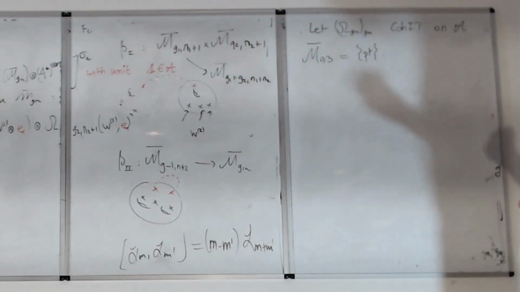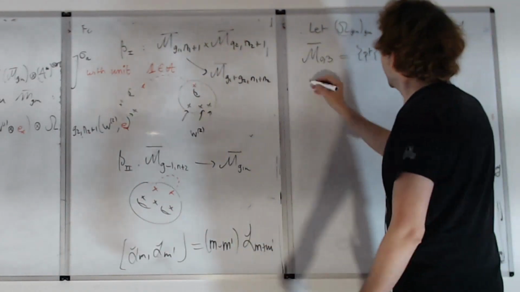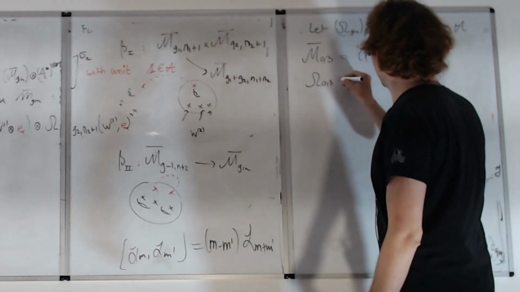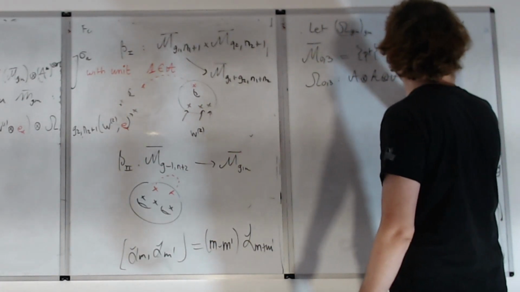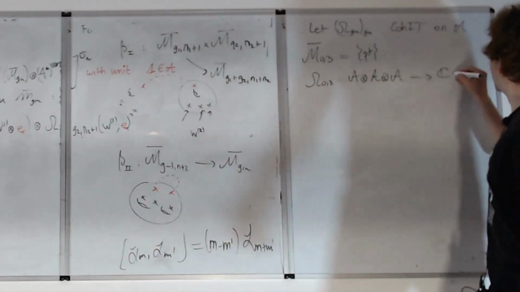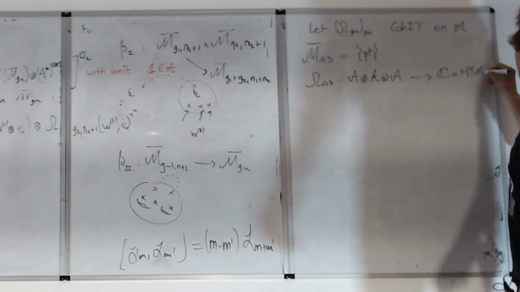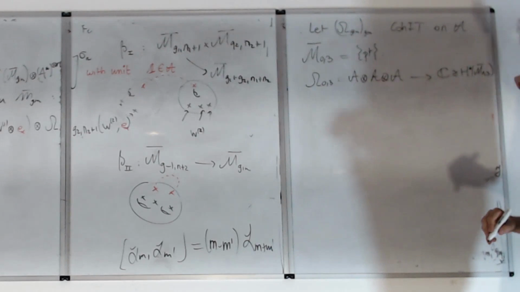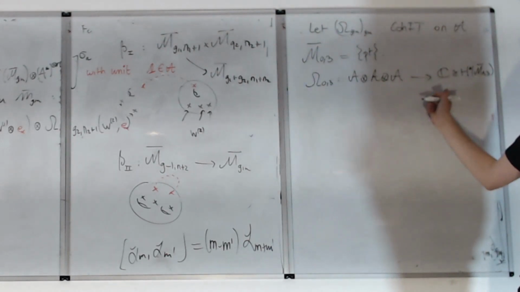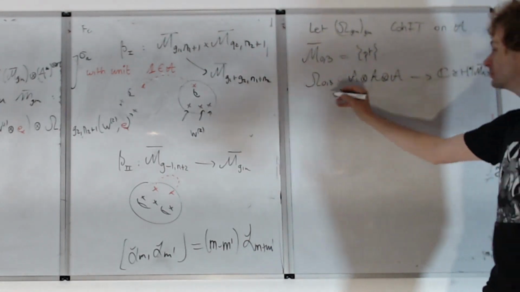So the cohomology is rather simple. And we have this omega_{0,3}, which is a map from A tensor A tensor A to C, where A is this cohomology ring. So it's a trilinear map. It is symmetric.